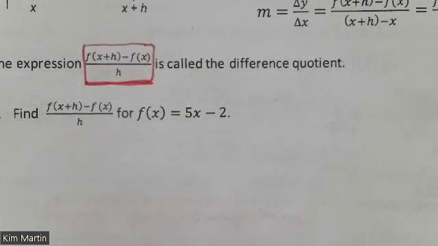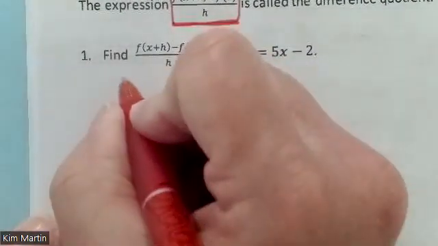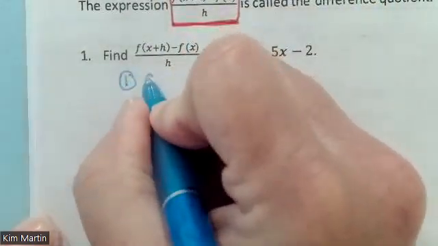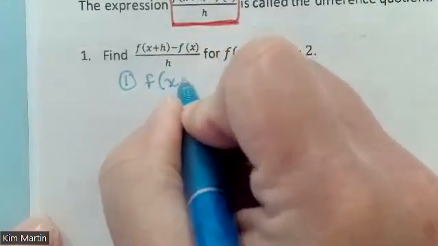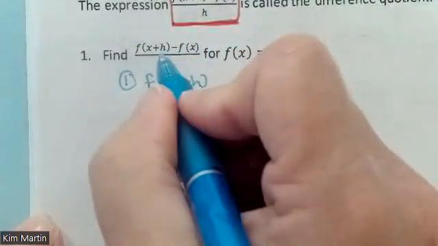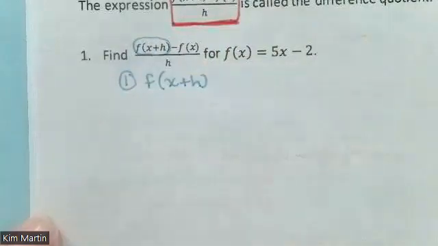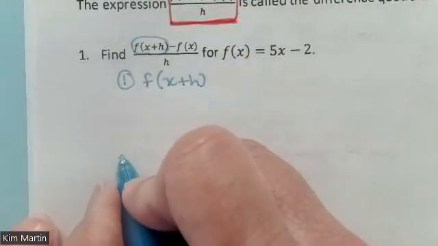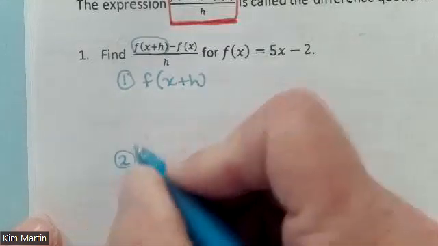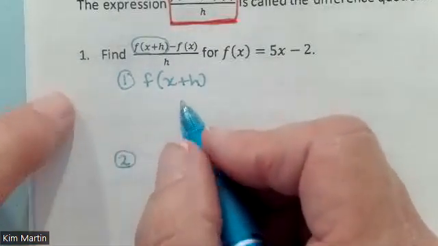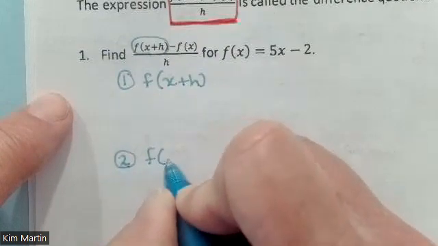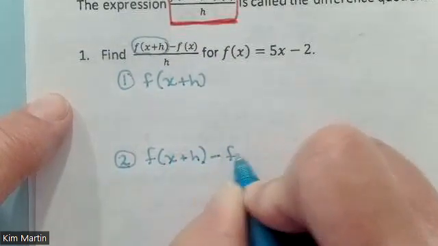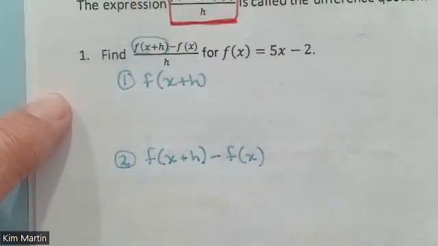So here's what you're going to see. Step 1: you are going to find f of x plus h. You're just going to do this part here first, and you're going to get your answer. Step 2: take your answer from step 1, which is f of x plus h, and subtract f of x from it.